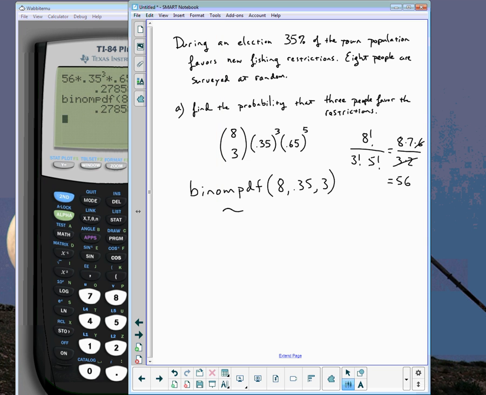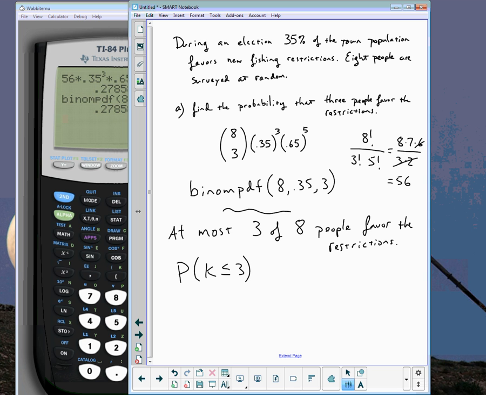So now my next question, same group of people. This is the probability of k being less than or equal to 3. So how do we do this?